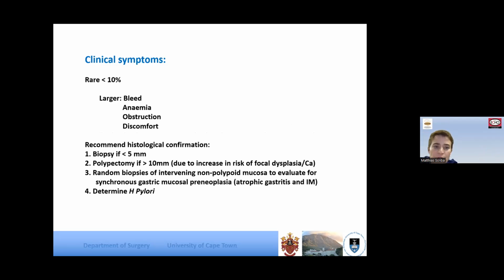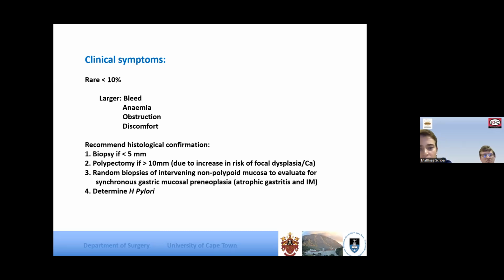Clinically, most polyps will not be symptomatic. If they do come with anything, it's because of their size. They may present with some bleeding, usually anemia though, obstruction on the odd occasion, and some vague epigastric discomfort.